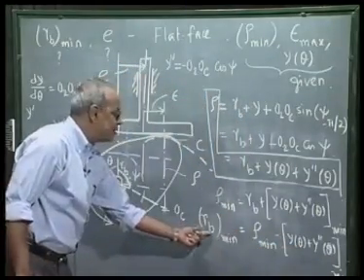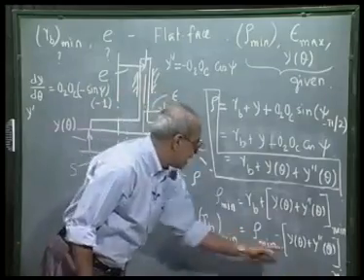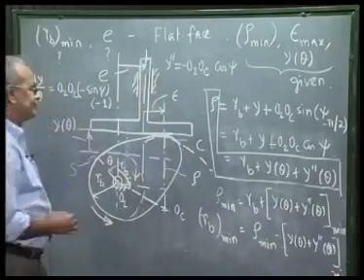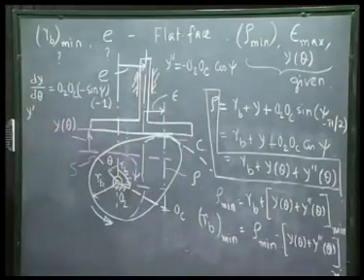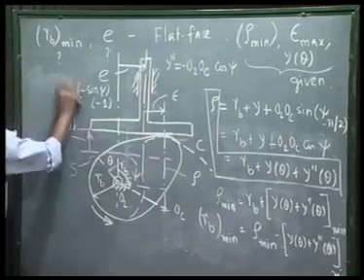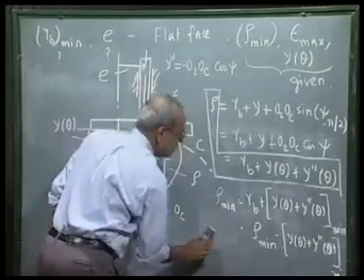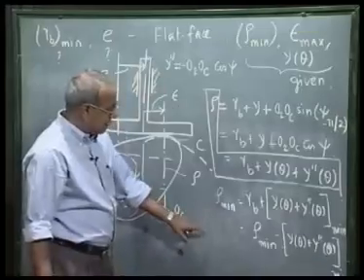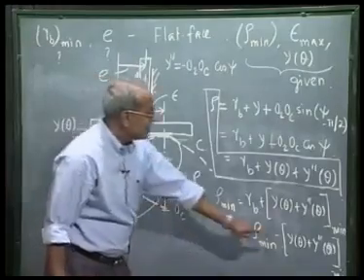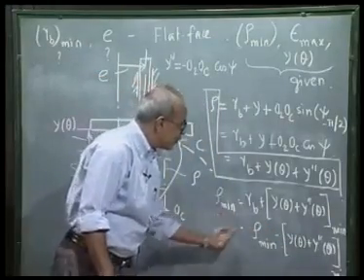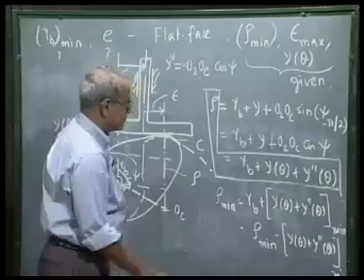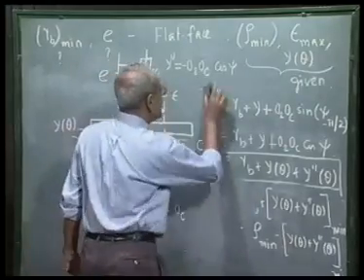Then RB minimum for a given value of rho min I can get from this expression. Okay? So you can see for any lesser value of RB minimum, when you add this, the value of rho will turn out to be less than rho minimum. So this is the RB minimum.